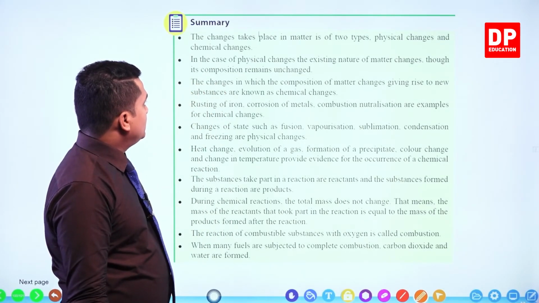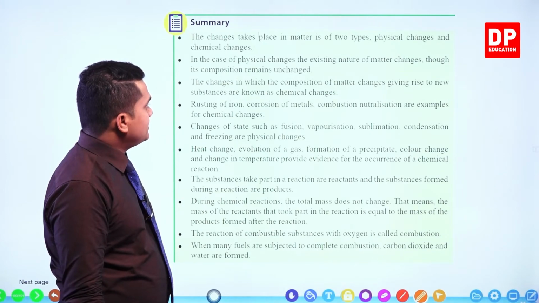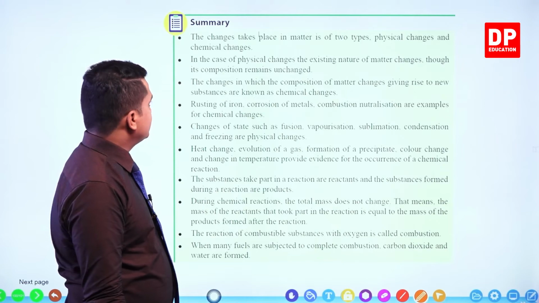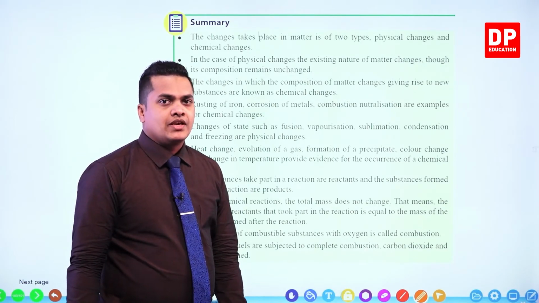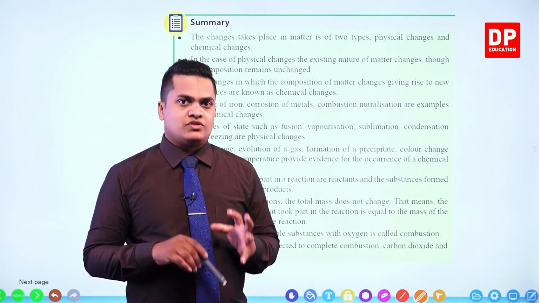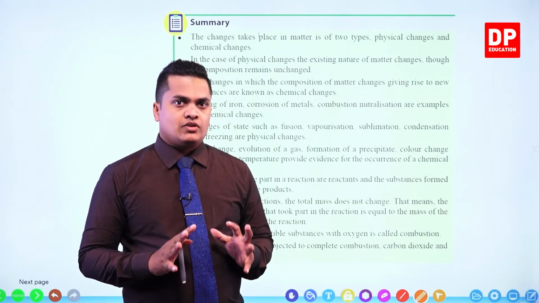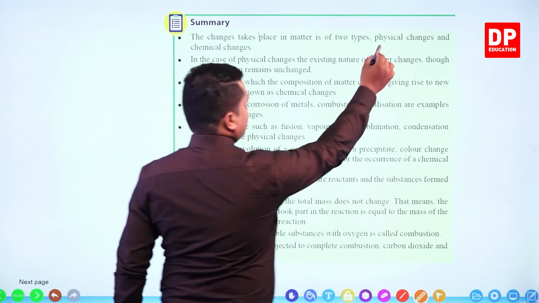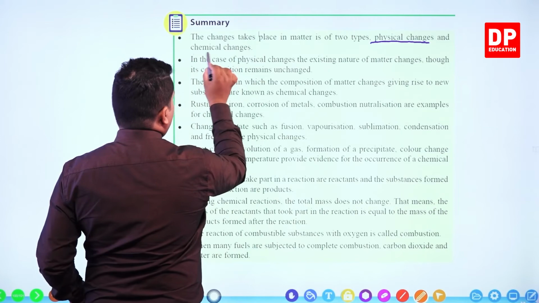So the changes that take place in matter are of two types: physical changes and chemical changes. In the first chapter, we discussed physical changes and chemical changes.